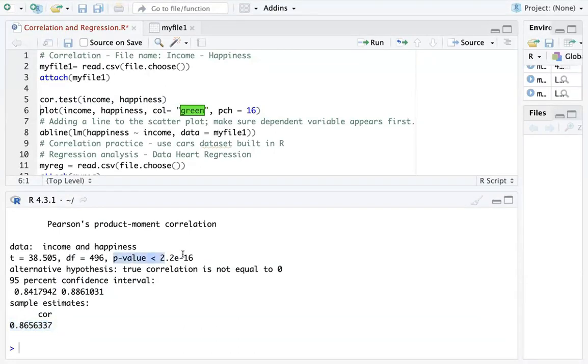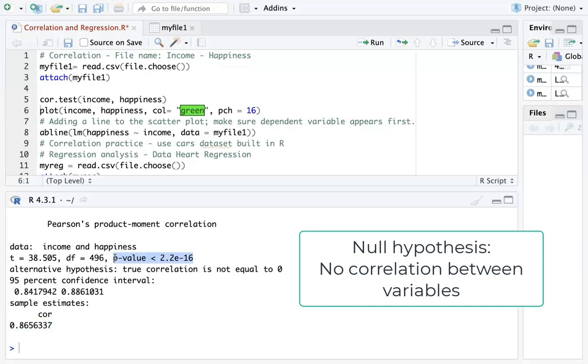Then the next thing is the p-value. I will be explaining the p-value very soon, but in general, this is related to hypothesis testing. We make hypotheses, and our default hypothesis is that there is no relationship between income and happiness. That's called the null hypothesis.